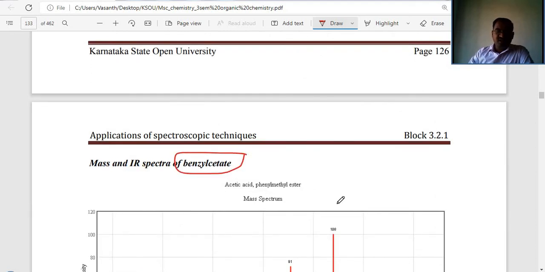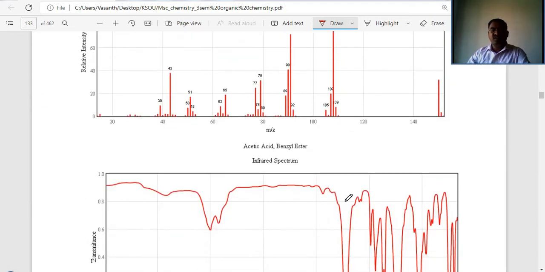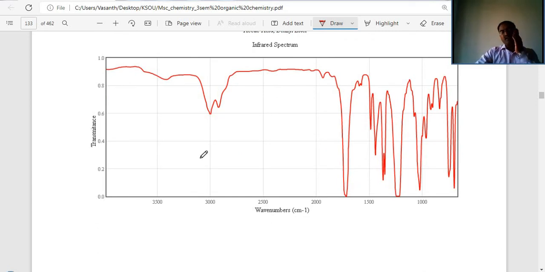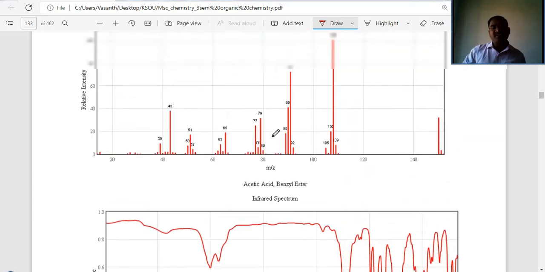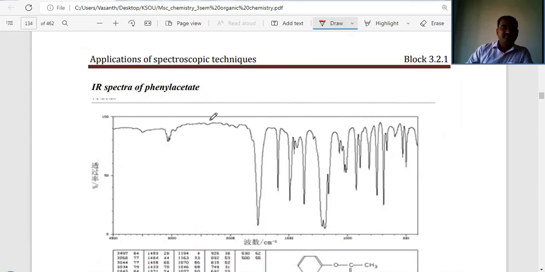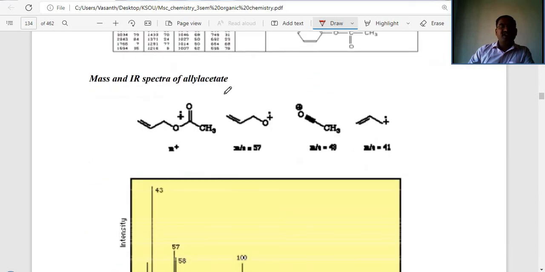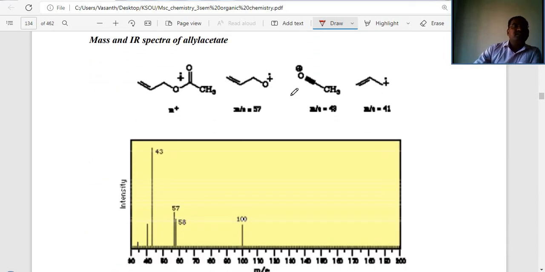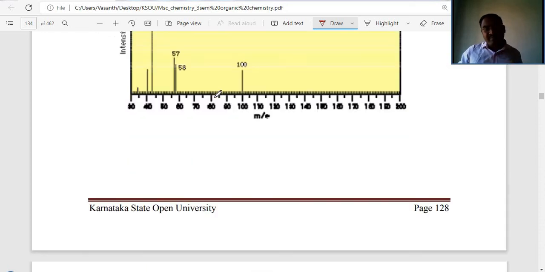Mass spectra of benzyl acetate, transmittance of ethyl benzoate, IR spectra of phenyl acetate, and mass and IR spectra of allyl acetate. Allyl means alternating single and double bond.